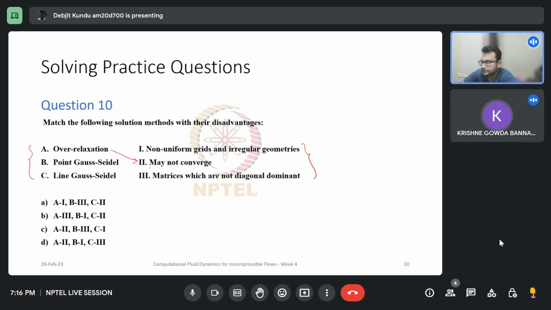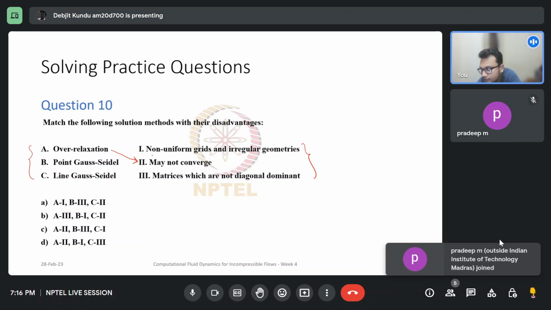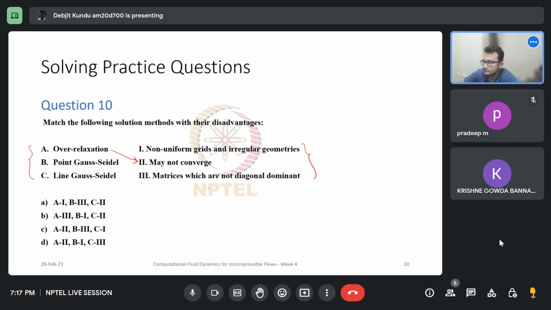A is already 2, right? So may not converge, line Gauss-Seidel. Does it have problems with non-uniform grids, or does it have problems with matrices which are not diagonal dominant? That is one. C1.